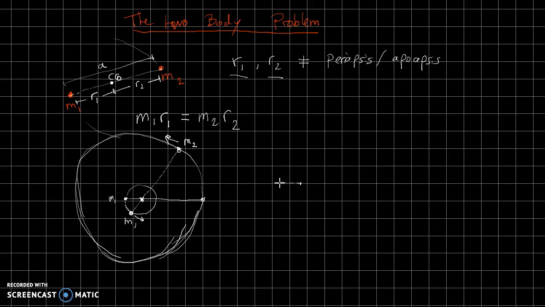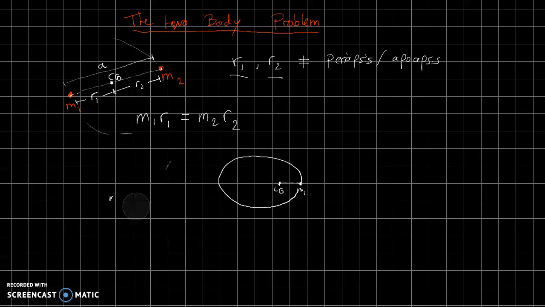So for example, here I would draw, this is the center of gravity. We also call it barycenter. Here's the mass m1. And let's say this is the ellipse describing the orbit of m1. And I better erase this drawing here. I need space. Now let's imagine a less massive companion of mass m2.